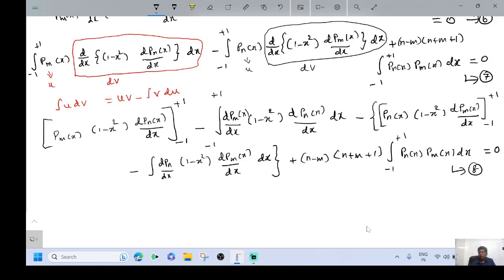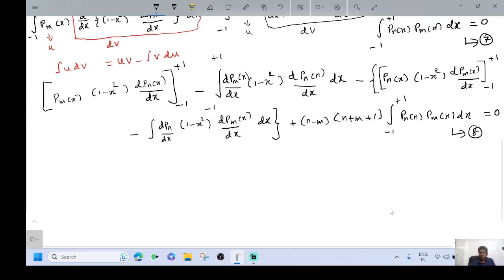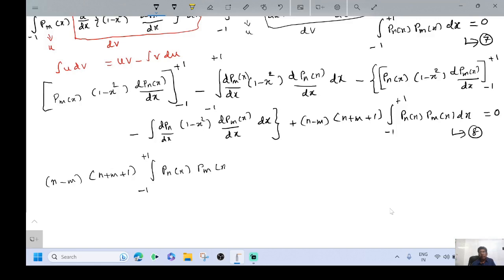Therefore, the only term left out is n minus m into n plus m plus 1 integral minus 1 to plus 1 Pn of x into Pm of x dx equal to 0. Say this is equation 9.